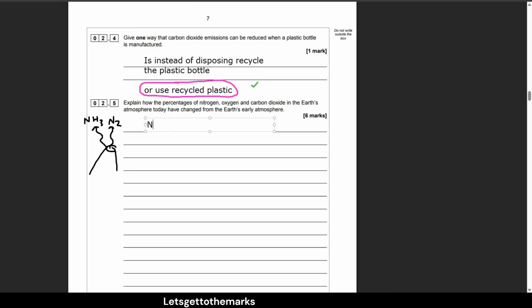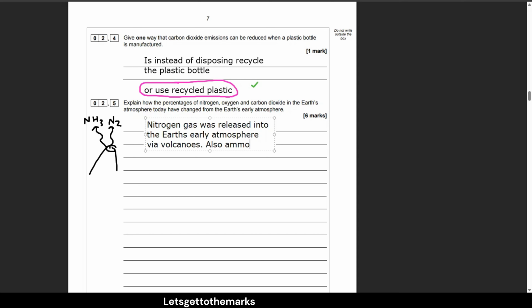So we can say nitrogen gas was released into the Earth's early atmosphere. And of course, you know that nitrogen makes up 78% of our atmosphere, so it's basically the most abundant gas in the Earth's atmosphere. Nitrogen gas was released into the Earth's early atmosphere via volcanoes.